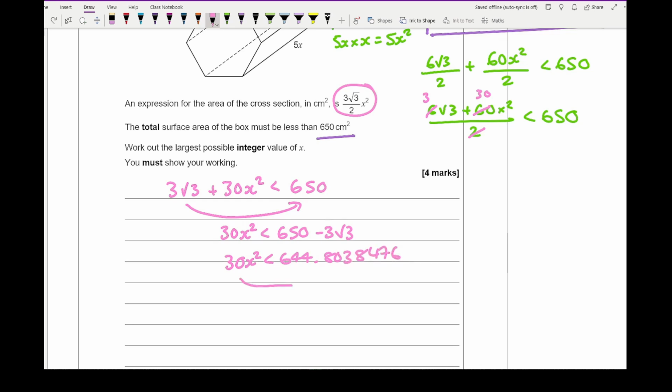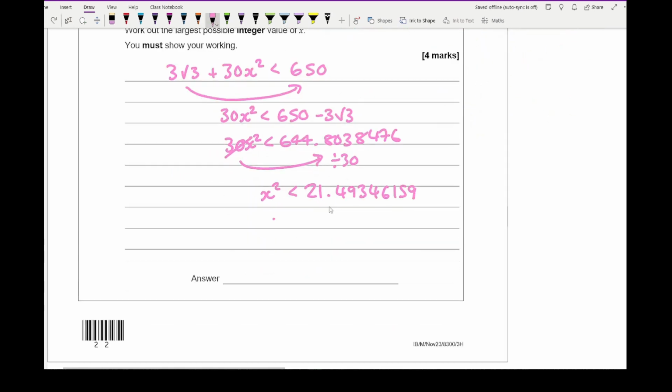I take the 30 over to the other side by dividing by 30, so that gives me an x squared value of less than 21.49346159. And then to find the value of x, I just square root it. So I've got the square root of the answer, and I get 4.636104 and so on. Now the question is asking what's the largest possible integer. Well, the largest integer it can be is going to be 4.